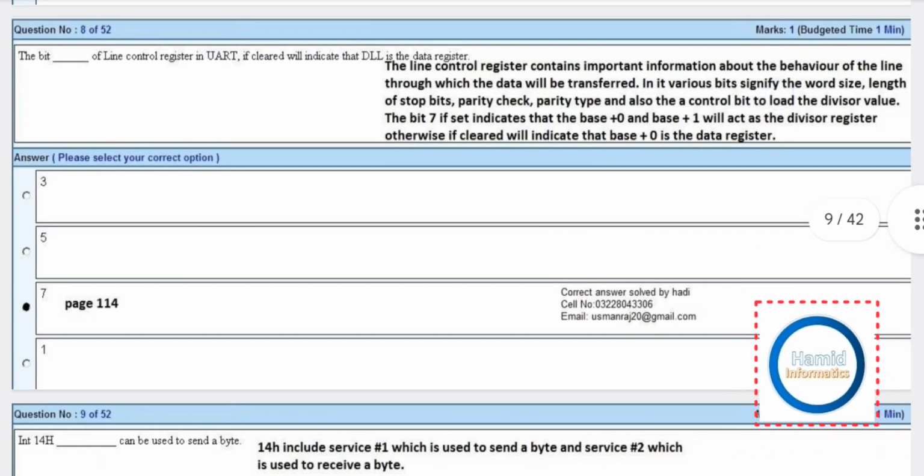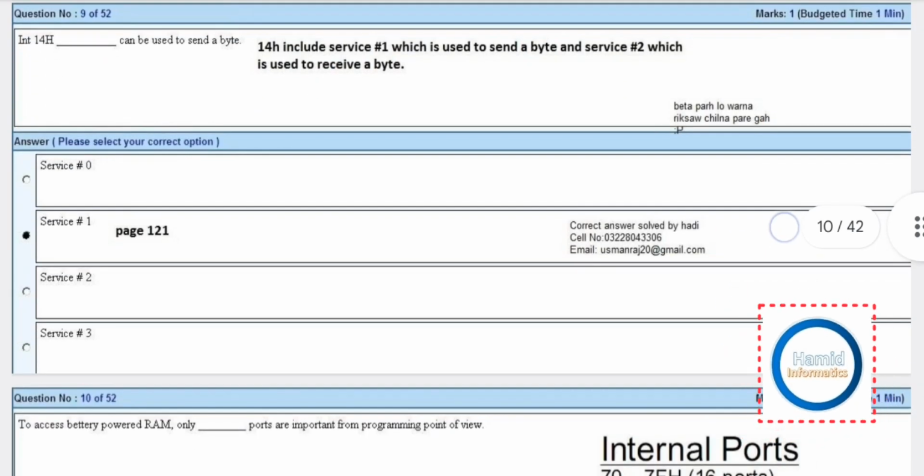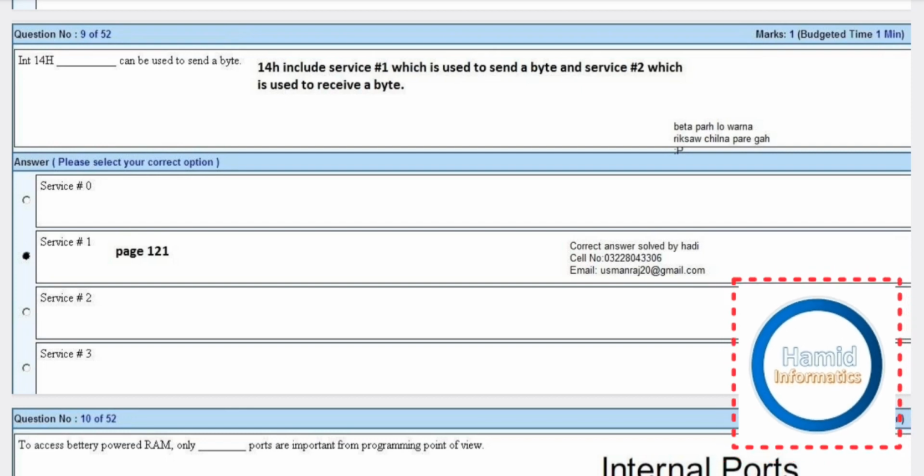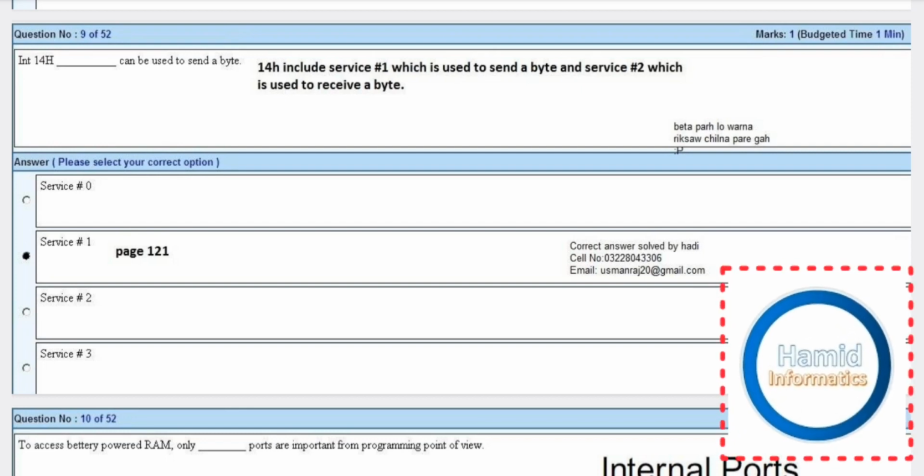Next is the bit of line control register in UART, if declared, will indicate that DLL is the data register, and the answer is 7. Next is int 14h that can be used to send a byte, and the answer is service #1.